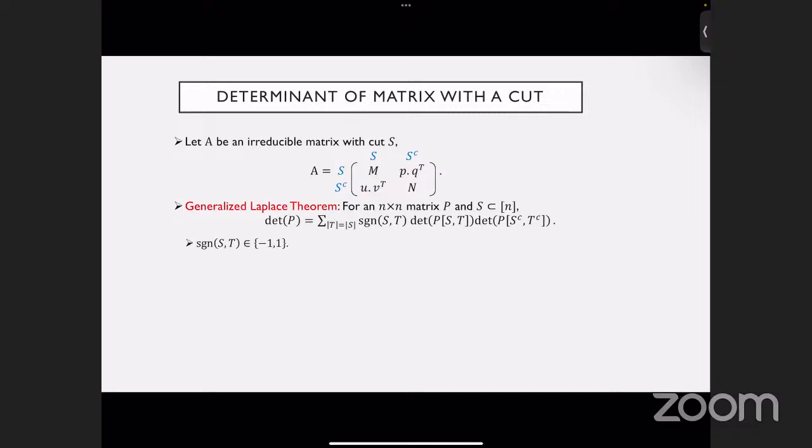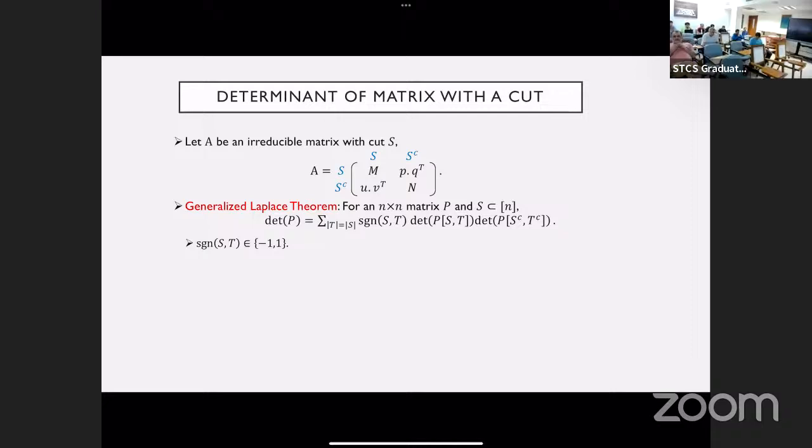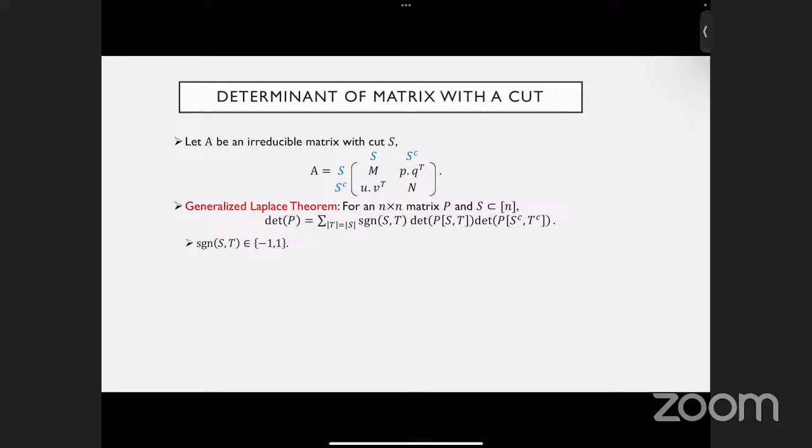So for computing this determinant, we use the generalized Laplace theorem, which shows that for a matrix P, if we fix a subset S, then this determinant of P is a sum of terms, where each summand corresponds to a subset T whose size is the same as S, and the summand is the product of the determinants of the submatrices corresponding to sets S and T and the complements of sets S and T, times a sign function which depends on sets S and T.